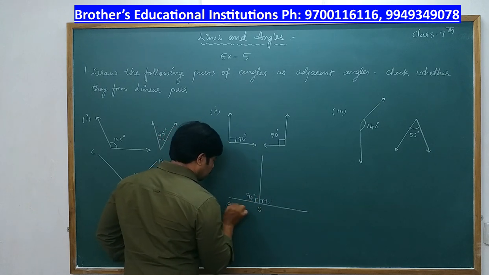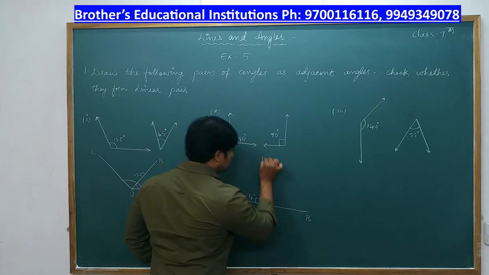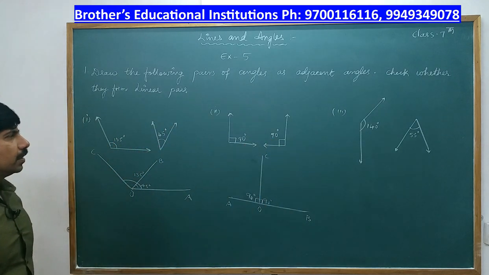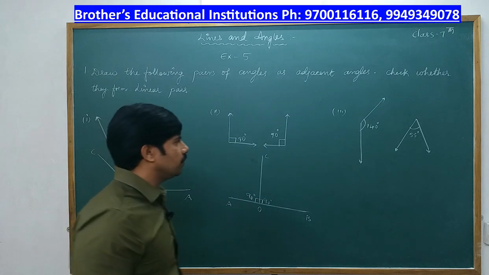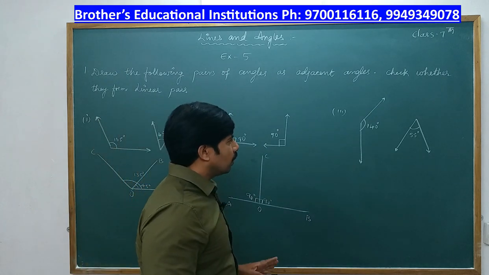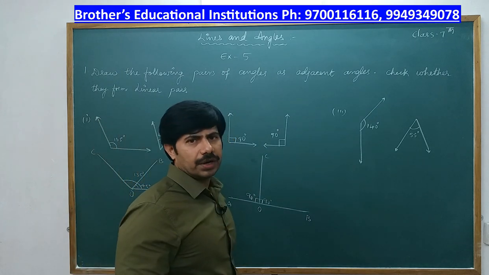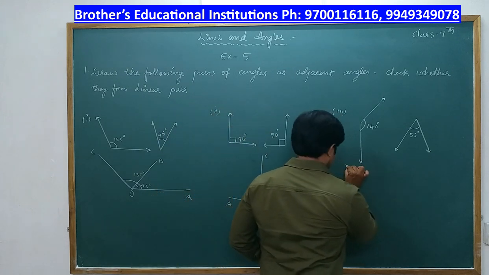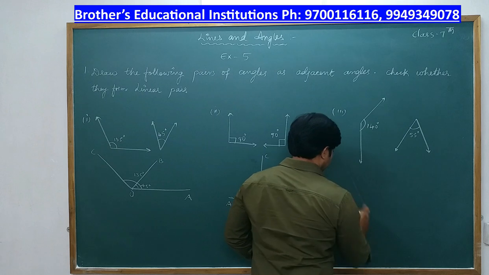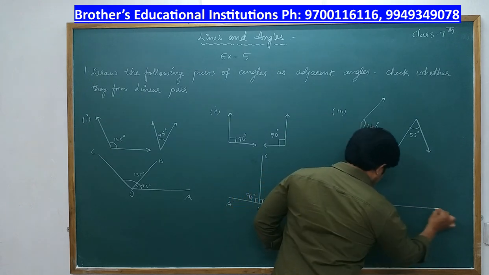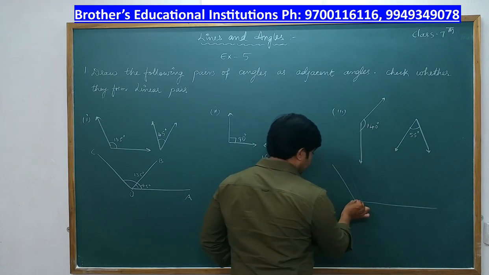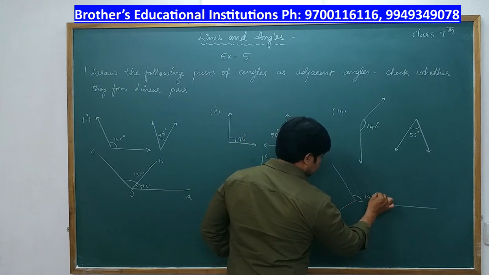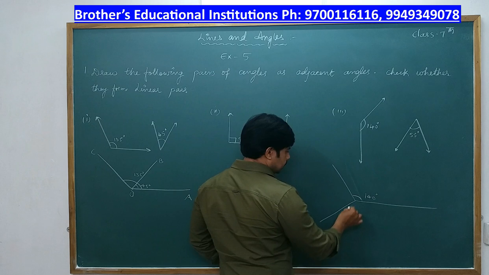O, A, B, C. Then after that we have 140 and 55. Now 140 plus 55 is not 180, so this cannot be a linear pair. But say this is 140, and 55 will be something like this. So this is 140 degrees and 55 degrees.